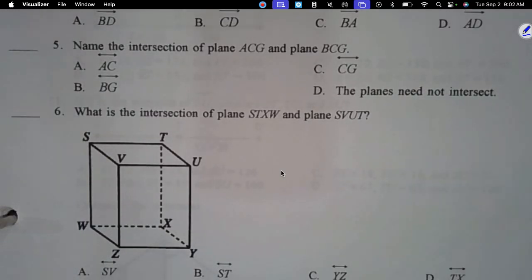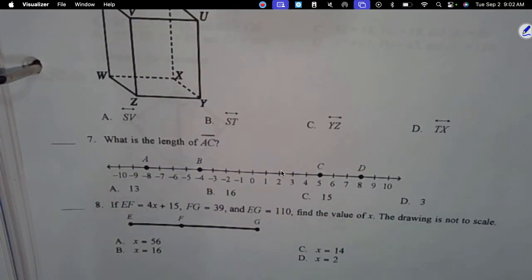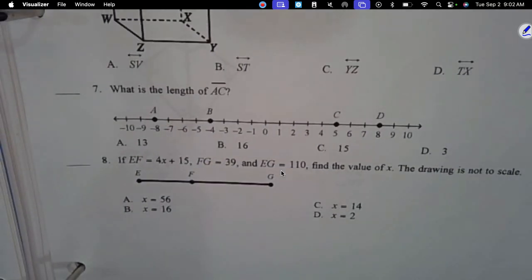Okay. Then the next one. Y'all, if I'm going too fast, say something. It is number 7. What is the length of A to C? Well, you can do this 2 ways. You can subtract the 2 numbers, or you can just count from A to C. 2, 3, 4, 5, 6, 7, 8, 9, 10, 11, 12.